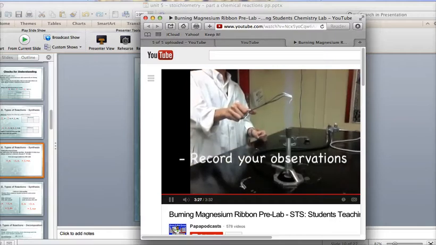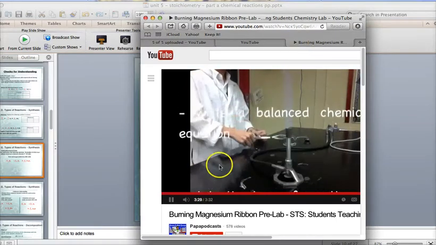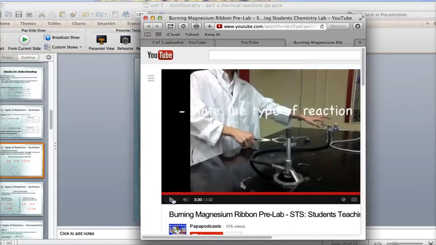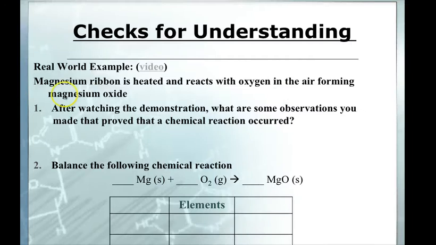Notice what happened. When the magnesium was heated, it reacted with the oxygen in the air and it formed a compound, magnesium oxide. So that was an example of a synthesis reaction.